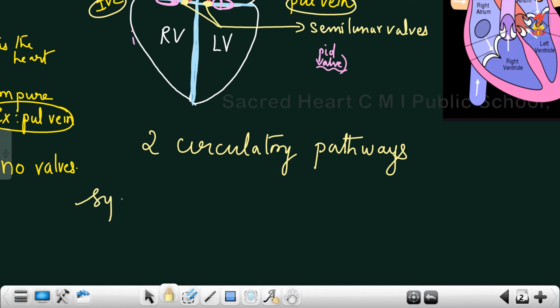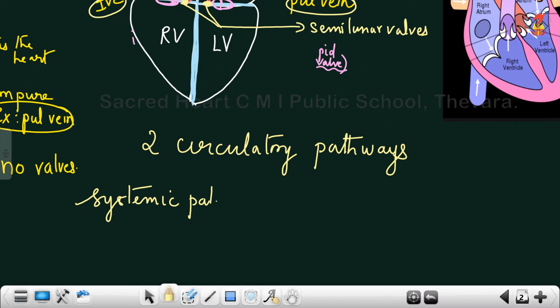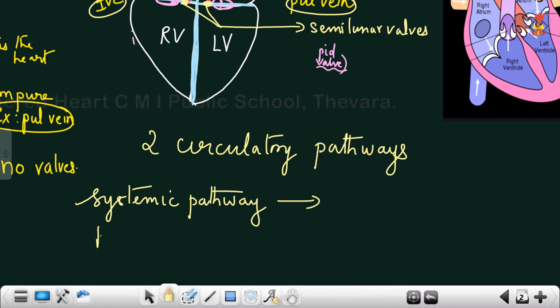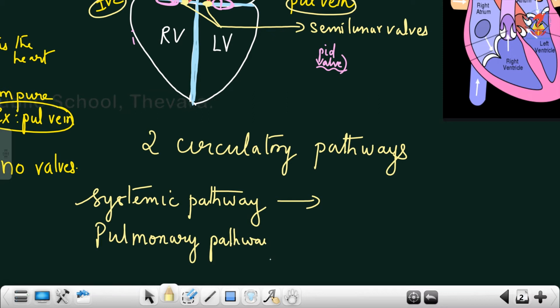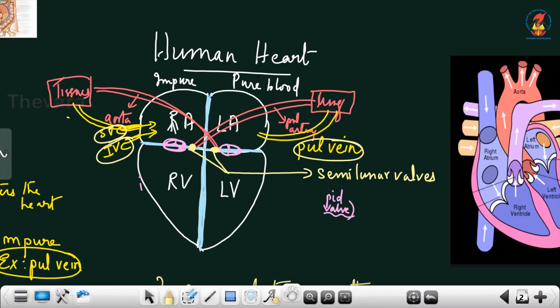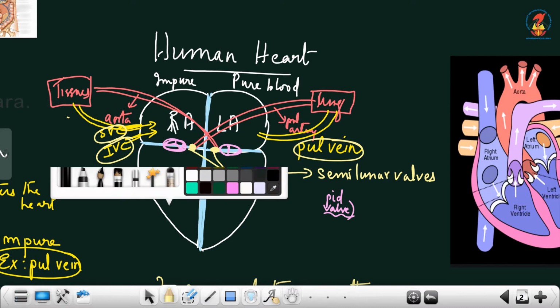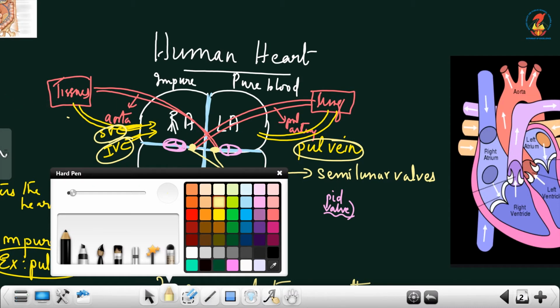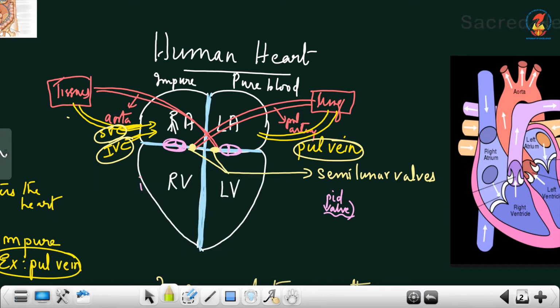The first pathway is called the systemic pathway, and the second circulatory pathway is the pulmonary pathway. Now I am going to indicate with the help of arrows the systemic pathway. I am going to use green color to indicate the systemic pathway.